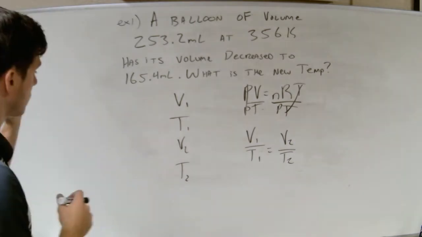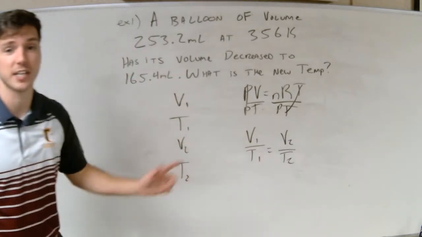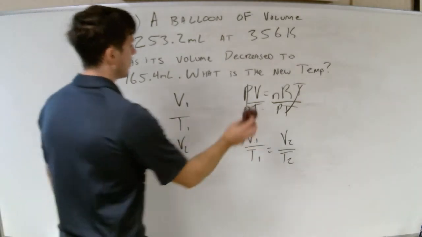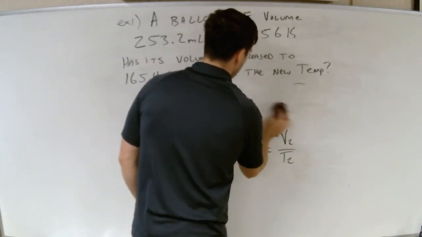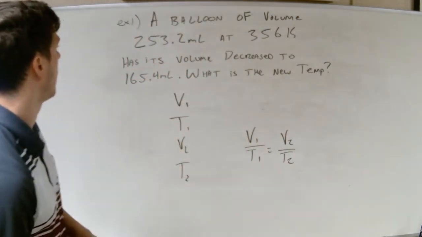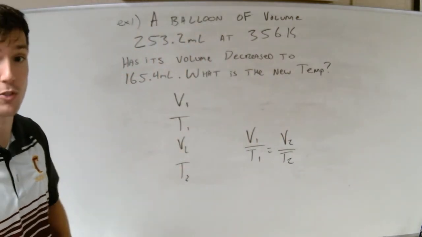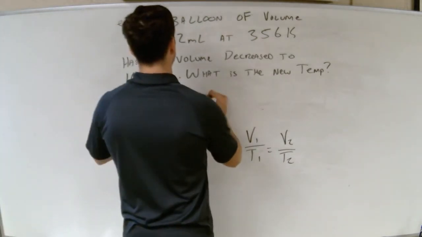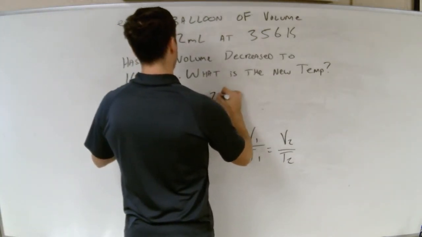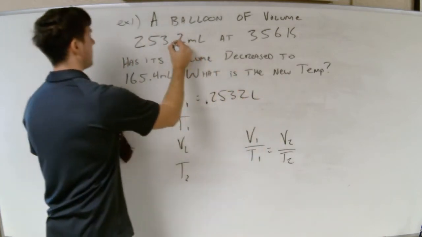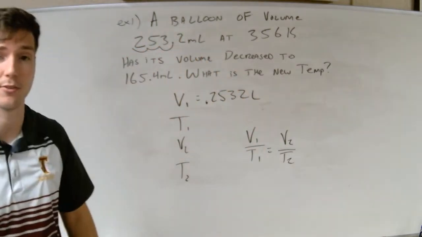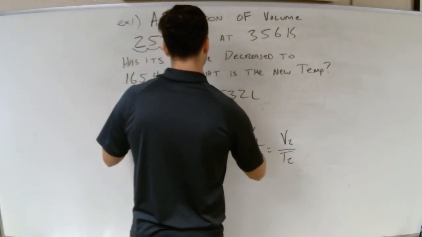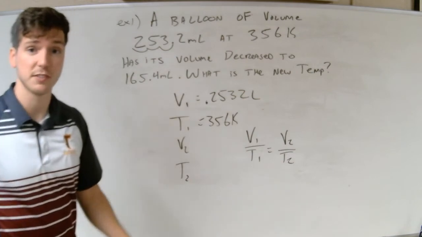So let's start plugging and chugging into our V1 over T1 equals V2 over T2 problem. Our initial volume is 253.2 milliliters. We've got to change that to liters, so that's going to be 0.2532 liters. You just move that decimal over 3 or divide by 1,000. Our initial temperature is going to be 356 degrees Kelvin. That's okay, because it's in Kelvin.